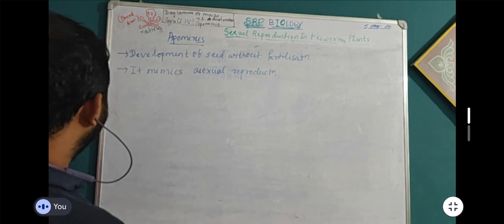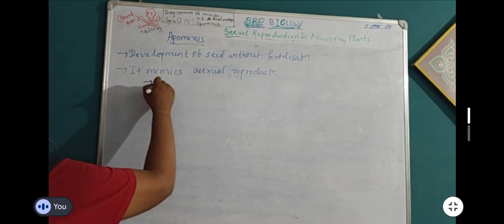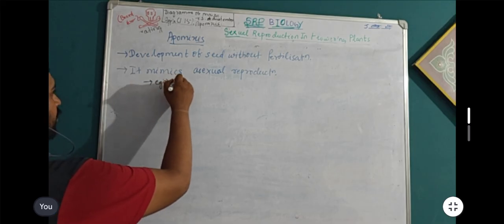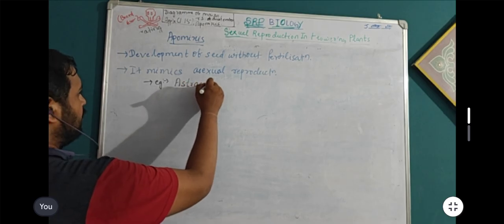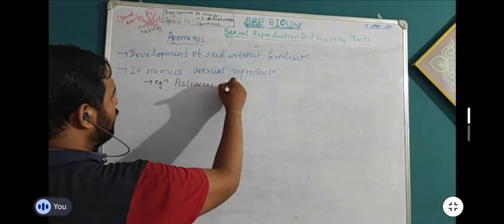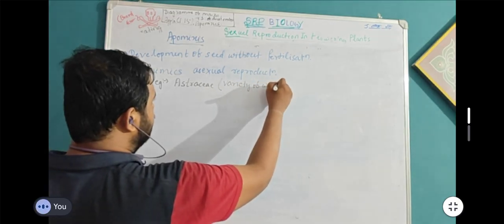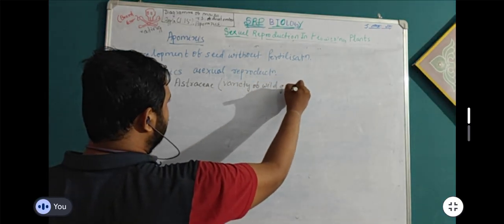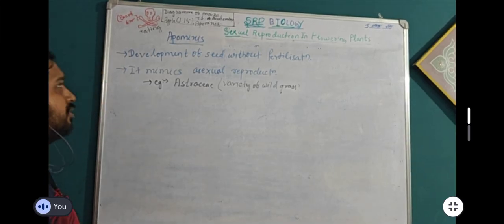In which type of plant does it mostly occur? It mostly occurs in the family Asteraceae, and in grasses, which contain a variety of wild grasses. Asteraceae family may come in your exam, so keep it in mind.